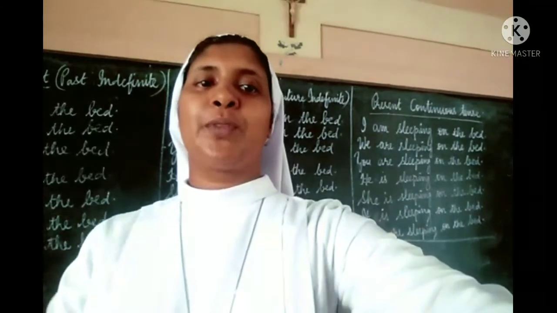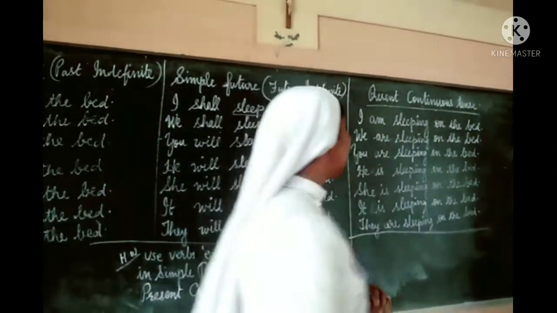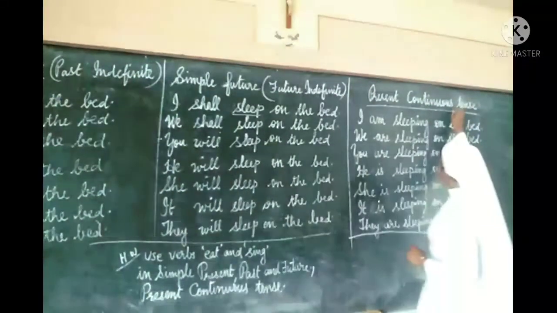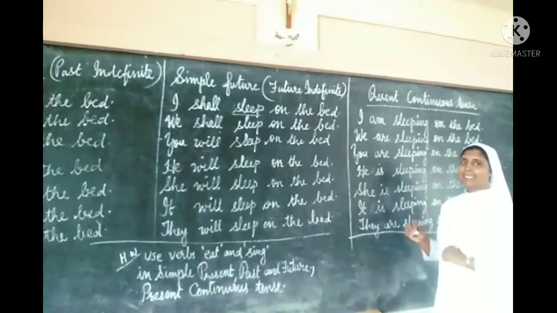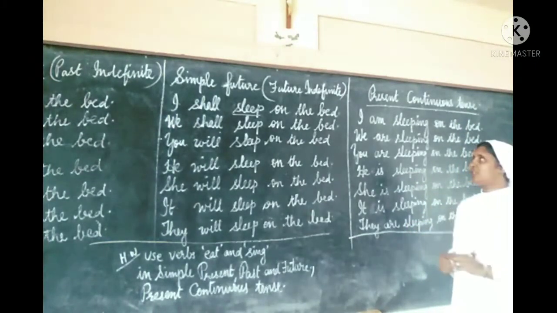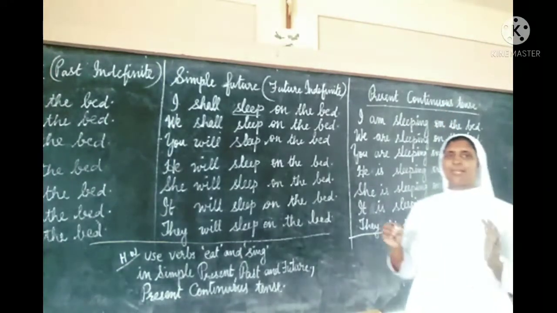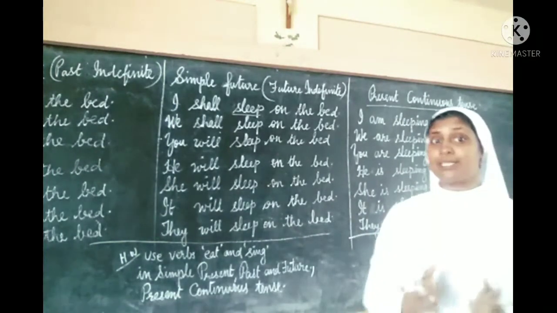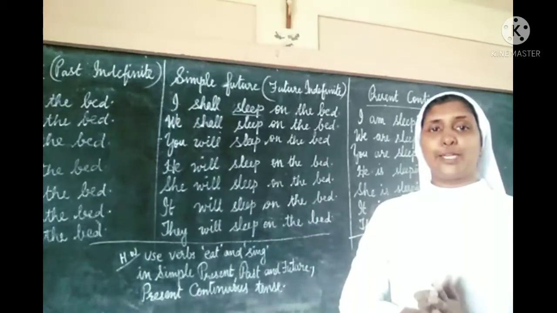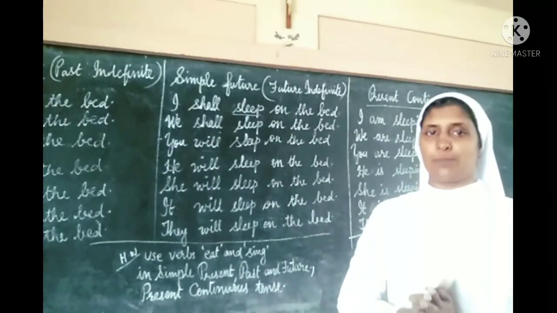Now we will learn present continuous tense. The next form of tense is present continuous tense. When we say continuous tense, we make use of the ing form of verbs.